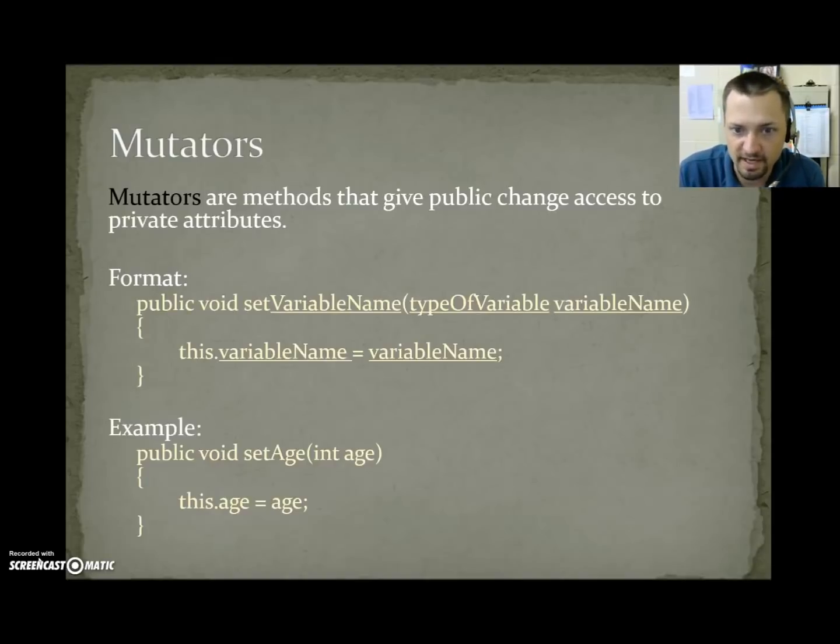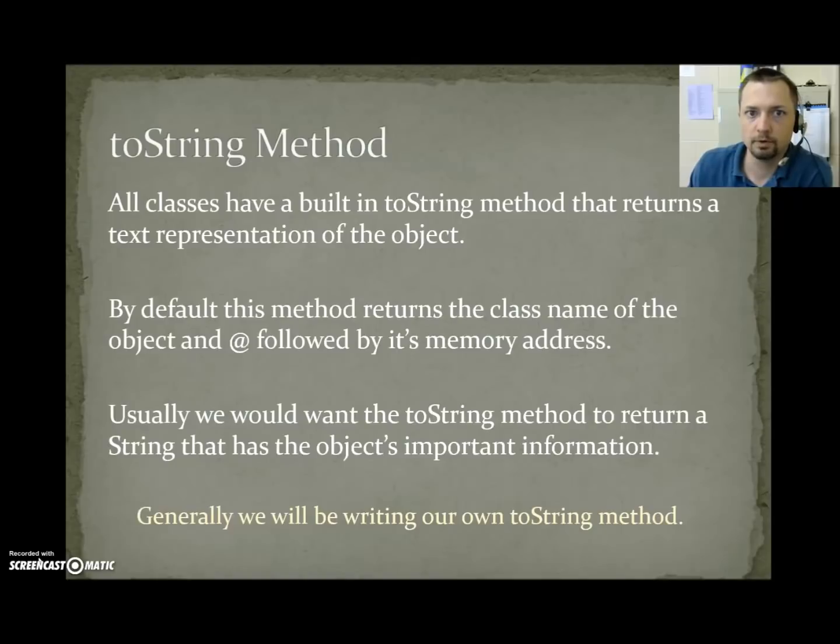So we say this.variable name to access the attribute equals variable name, which is the parameter. An example, if we were talking about private age again, we'd have public void setAge(int age), this.age equals age.